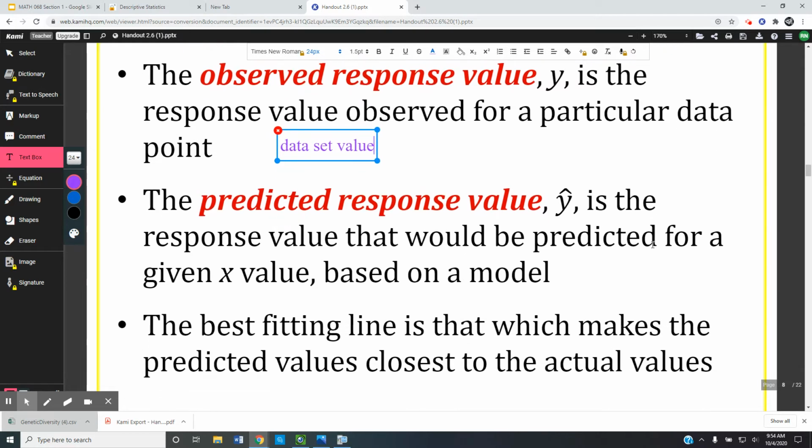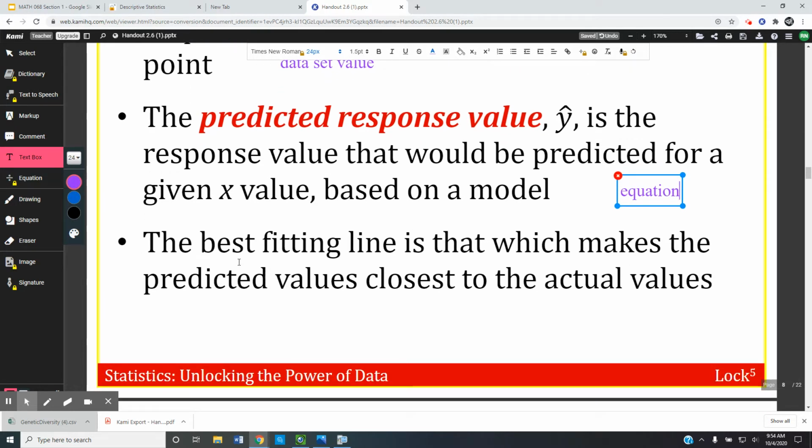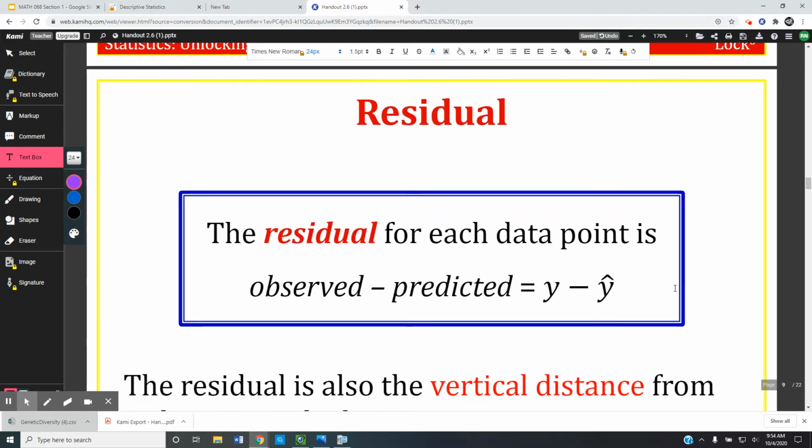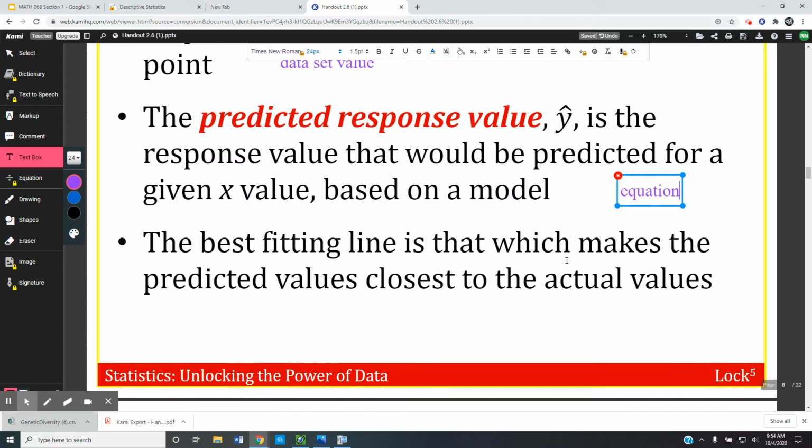In a predicted value, you use the model or the equation in order to come up with an estimate. The predicted response y hat is different than the actual observed value y. The best fit line is that which makes the predicted values closest to the actual values, and that is always the case.